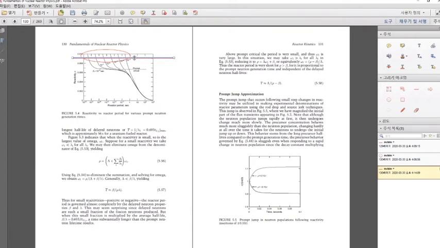So the distance from prompt criticality also provides a very important effect on the reactor period.